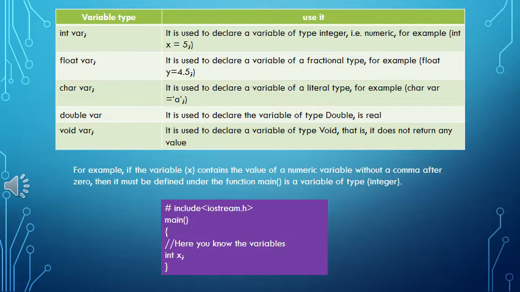For example, if the variable x contains the value of a numeric variable without a comma after 0, then it must be defined under the function main as a variable of type integer. #include, main, here you define the variables, int x.